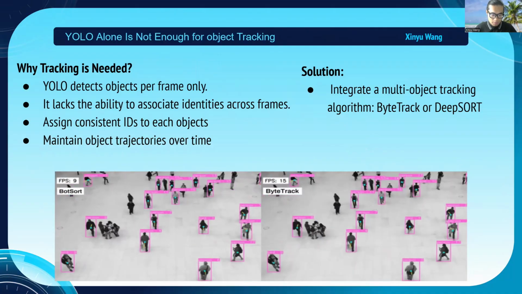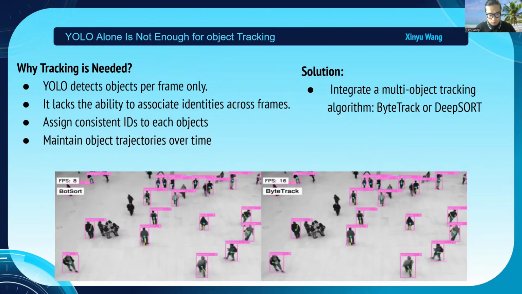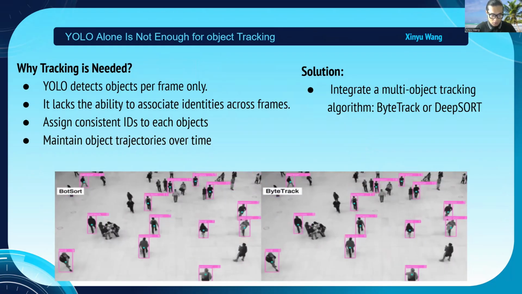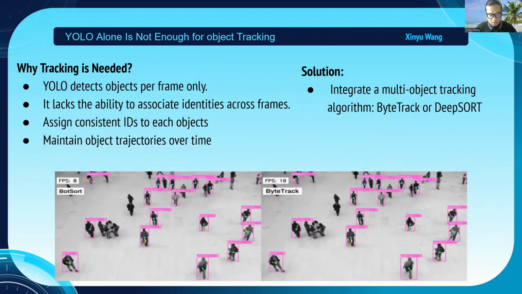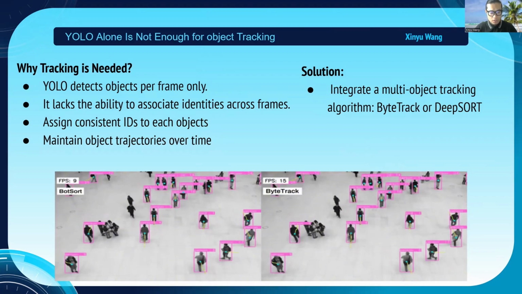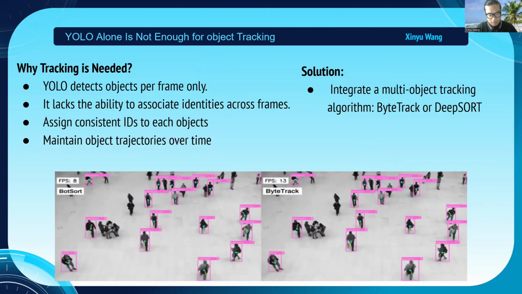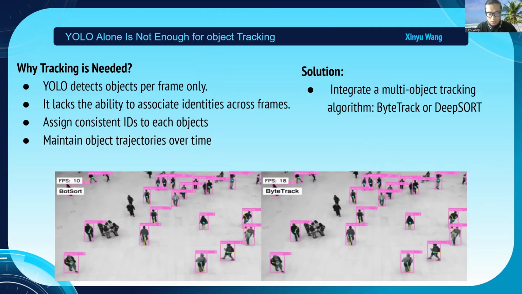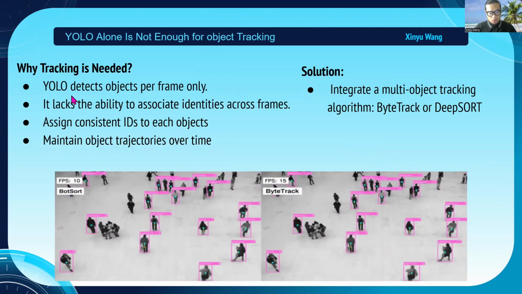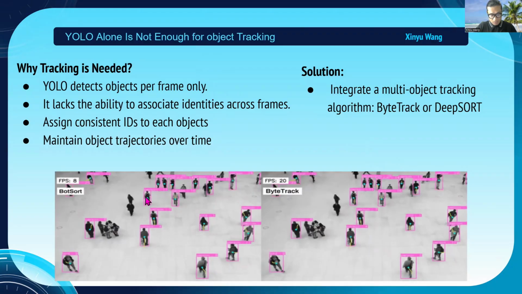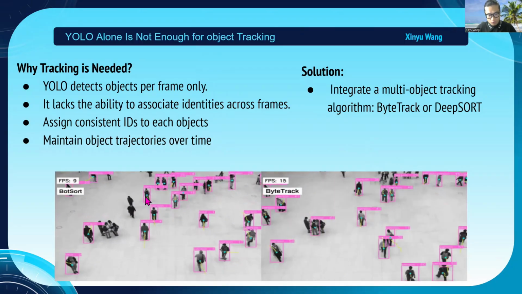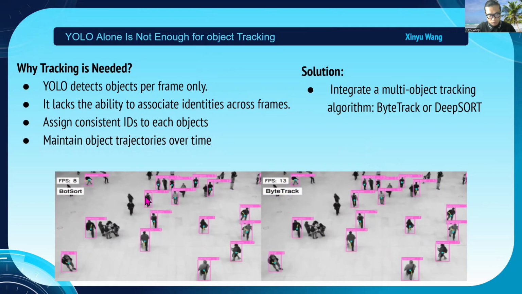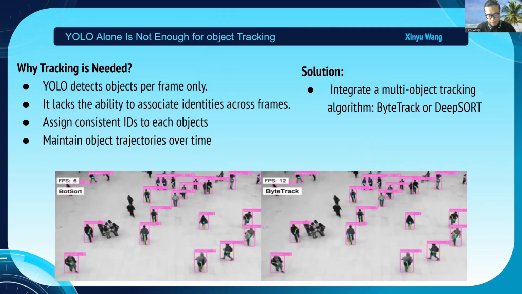This becomes a limitation when trying to track an object across consistent frames, for example assigning consistent IDs and maintaining trajectories. To address this, we decided to integrate the multi-object tracking algorithms, ByteTrack or DeepSORT.